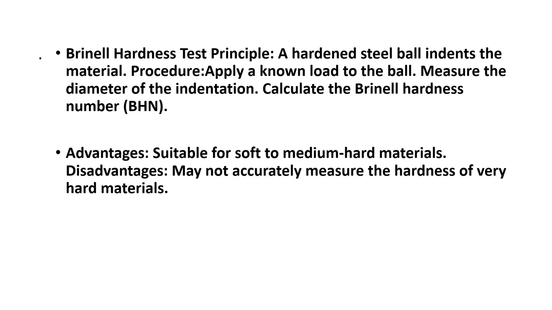The hardened ball indents the material, and the diameter of the indentation is important to calculate the Brinell hardness of the material. Apply a known load to the ball. For a particular material or particular ball diameter, the load is fixed, and according to the ball diameter, the load is applied to the ball. Then measure the diameter of the indentation.